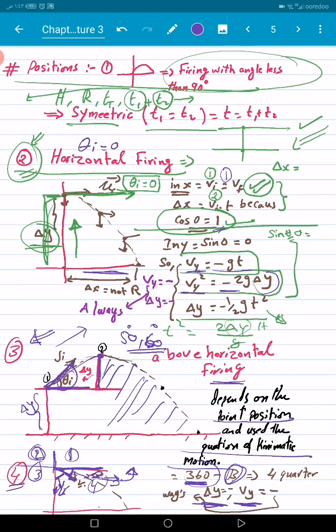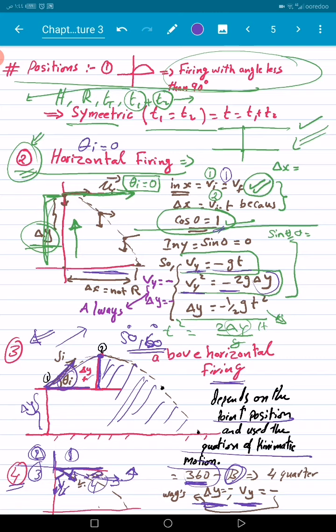Third part, when I'm firing above the horizon, it is a very normal thing. You can use the angles that are given and the initial velocity, but be careful, the maximum height here is different because the shape is not symmetric, and the time of flight to reach the maximum point is not the same as the time to reach the ground.